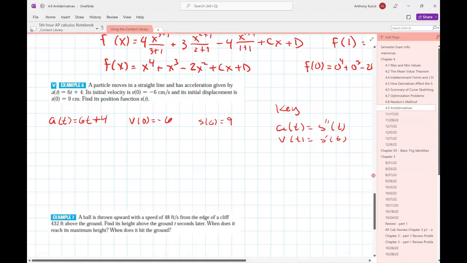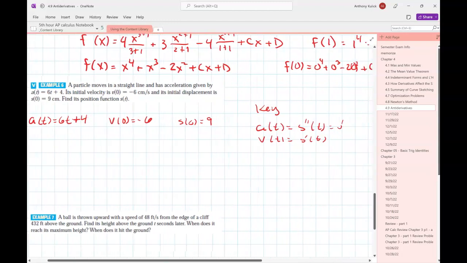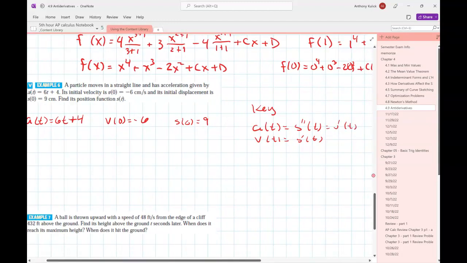Or you could say that acceleration is also the first derivative of velocity. Those are the key relationships. So that's all we're going to be doing. We're just going to be doing anti-differentiation to get back to the previous.